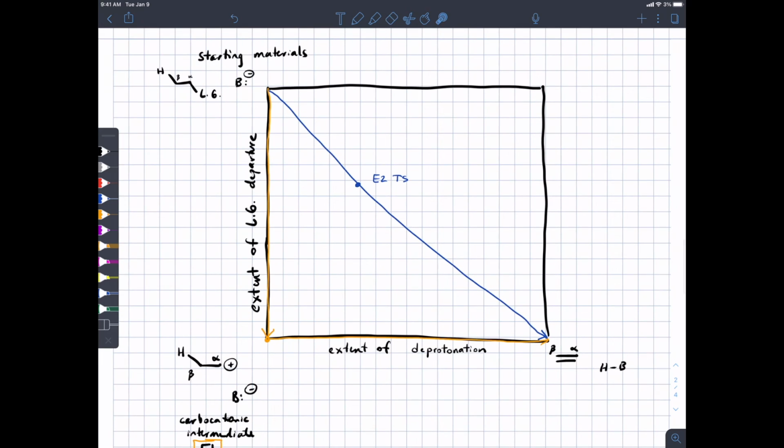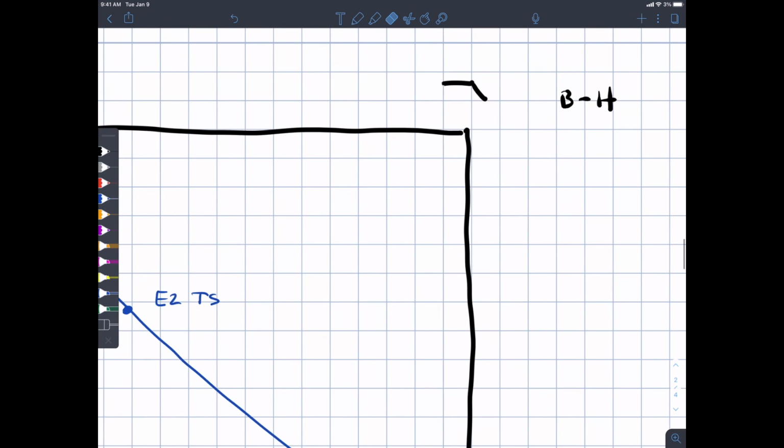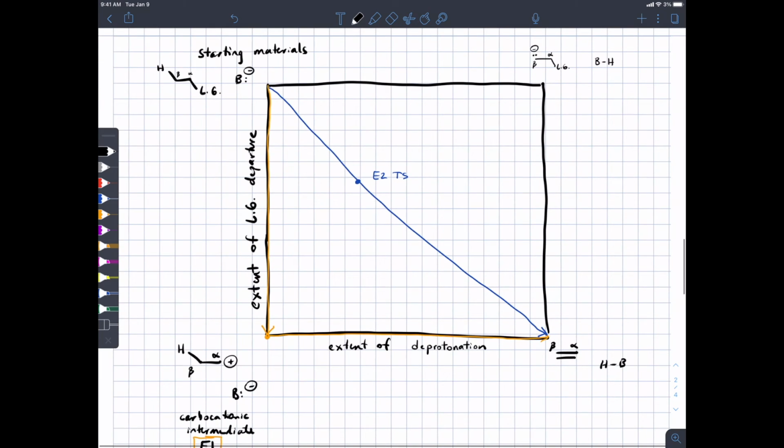Finally, and this was a corner that we didn't consider much with the SN1 reaction, but now we can for the elimination reaction. This is where the proton gets removed first, to give you an anion on the beta carbon, and then in a second step, the leaving group leaves.